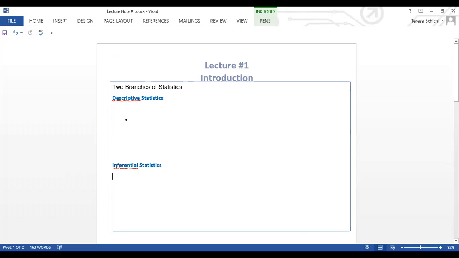In this course, we're going to cover both. For descriptive statistics, we're going to use some software to help us. So let's take a look at what descriptive statistics is.